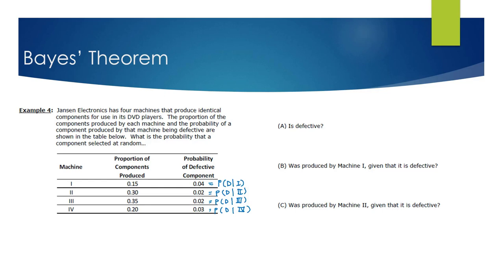Well, each one of these probabilities is the probability of having a defect given that it comes from a certain machine, not the other way around, which is what B and C are asking. Also, a lot of times people think that if you just add these probabilities together, it's going to give me the probability of being defective. The thing is, since these are probabilities given that I'm from a certain machine, just adding them together is not going to do it, because it's 4% out of the 15% that came from machine 1 that I'm looking at here.